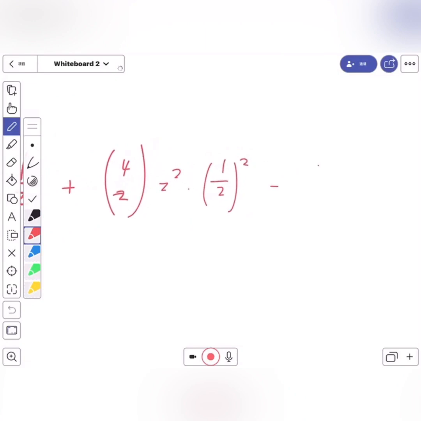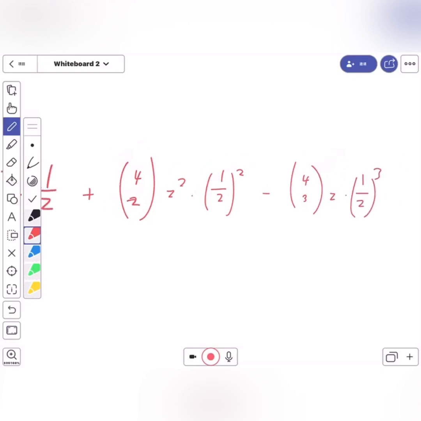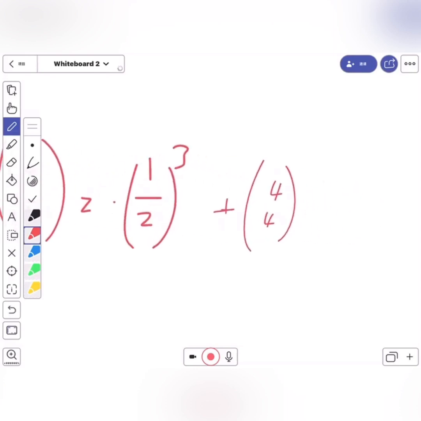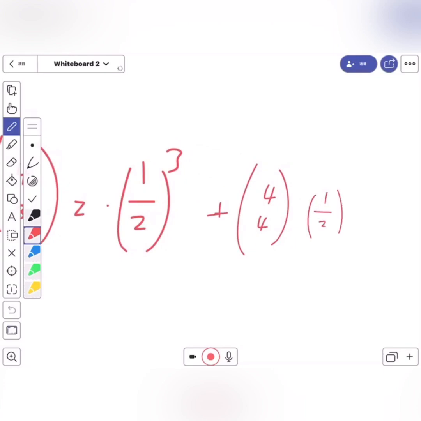Now minus 4 choose 3 times z times 1 over z cubed, and then plus 4 choose 4 times 1 over z to the 4th power.